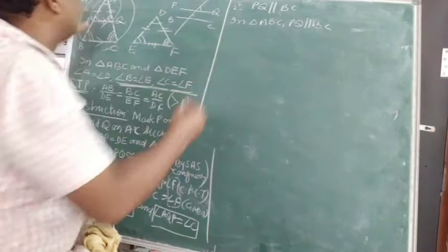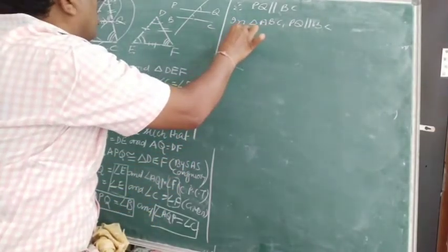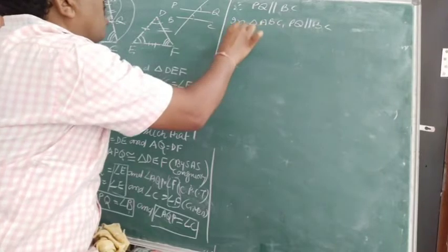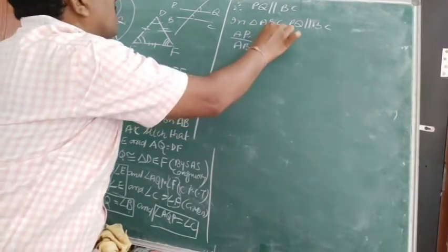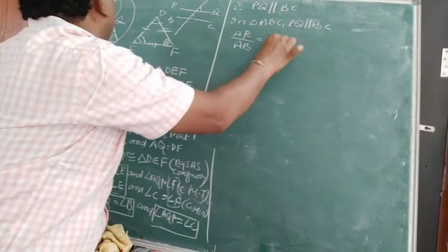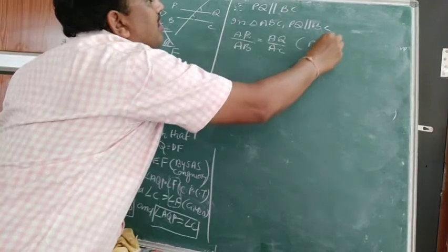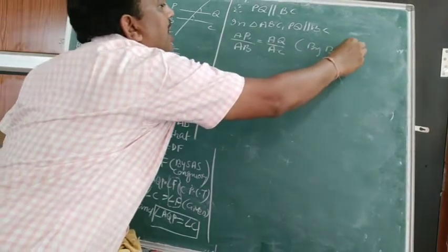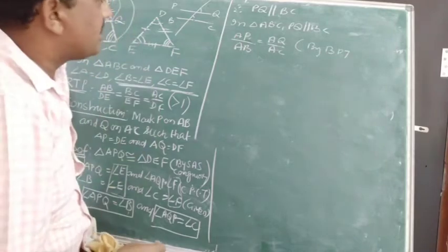So I am writing part and whole. That is, AP upon AB is equal to AQ upon AC, children. How? By BPT. By BPT, children. Okay, children? Right. Now see the next one.